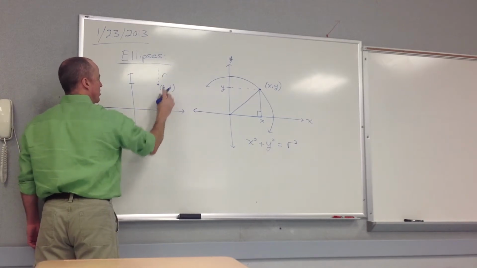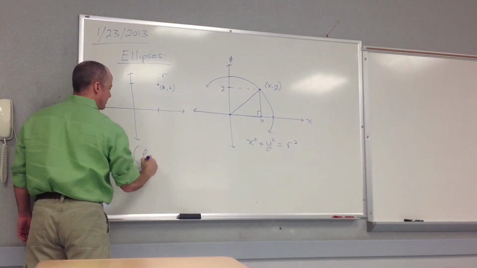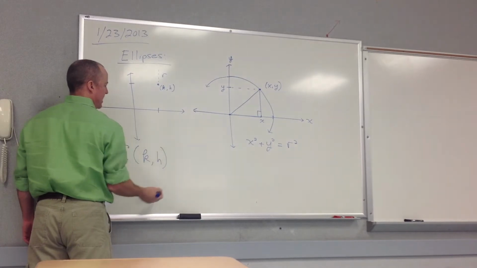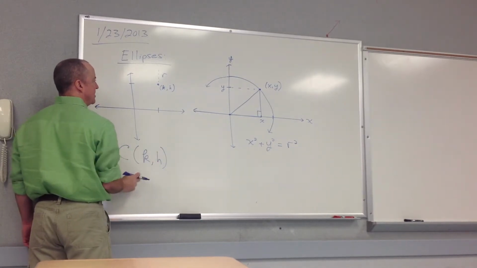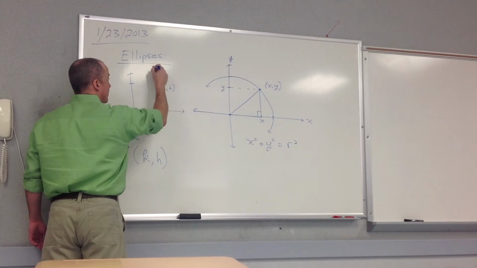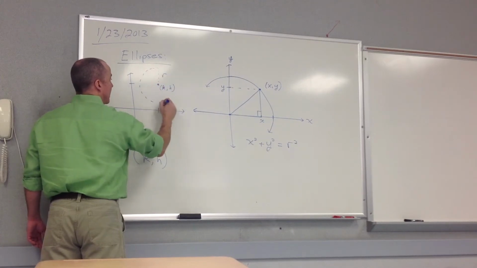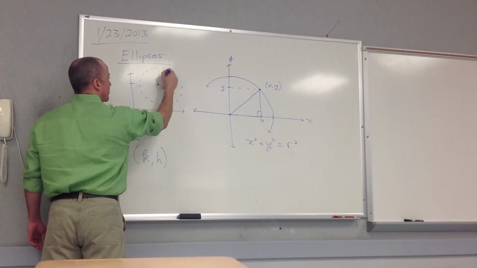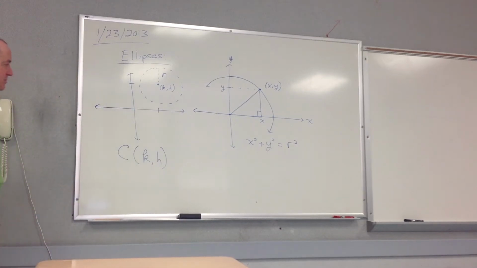It's centered at a point I'm going to call K, H. K is the x-coordinate, H is the y-coordinate. And it's got a radius because all circles do.